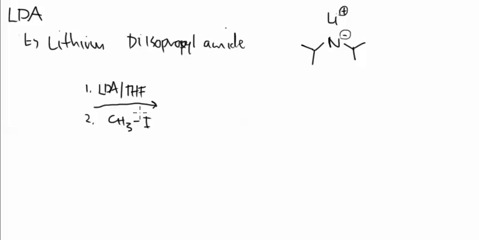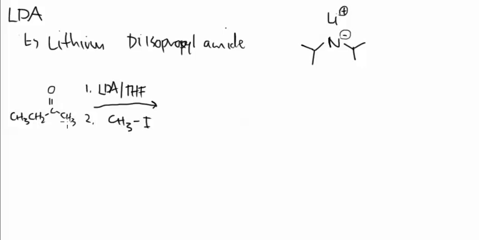What will happen is that I could take a ketone or I could take a carbonyl group, period. Most of the carbonyls will work. And this carbonyl compound, so let's just do CH3, CH2, carbon, double bond, O, and CH3. If I can take a carbonyl compound and react it with LDA-THF, and I throw into the mixture a halogenated primary alkyl group, a substitution reaction is going to happen here.